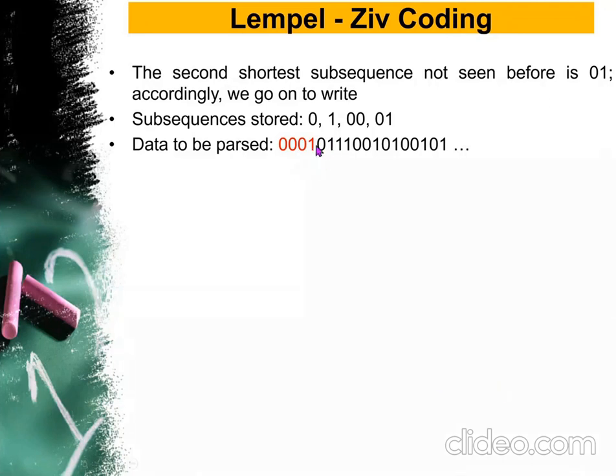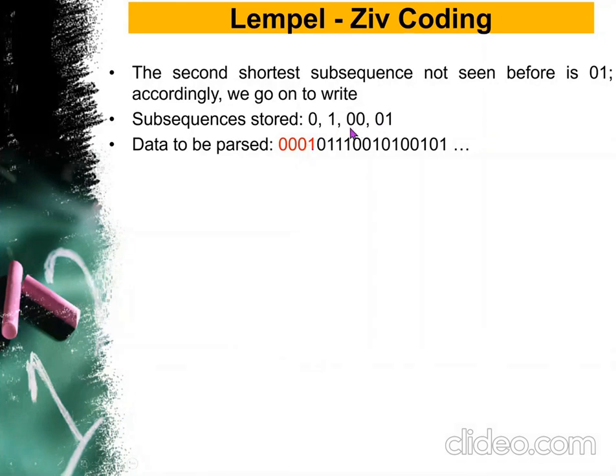As I discussed yesterday, we can do it in two ways: by already storing 0 and 1 in the code book, or by storing them as and when they arrive in the data stream. Currently we consider that the subsequences 0 and 1 are already stored. Then we go for the third subsequence.